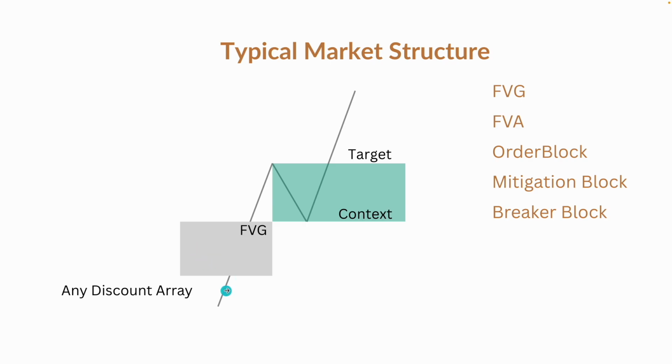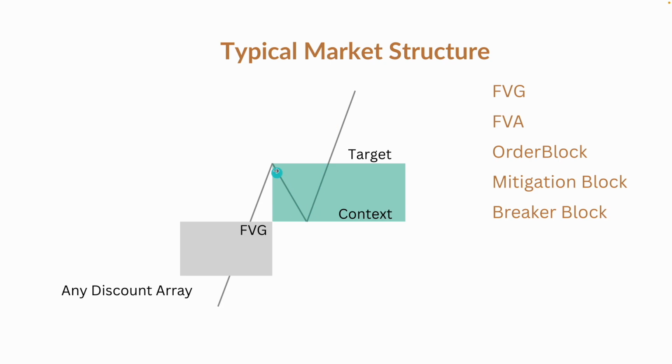In such a case, once reaching some PD array or some swing high or low, price can retrace. Once the price retraces to this fair value gap, it can reverse and start in the direction of the bias.